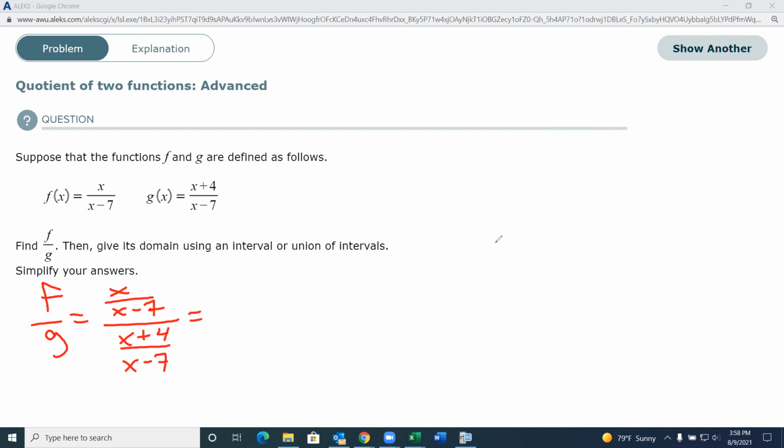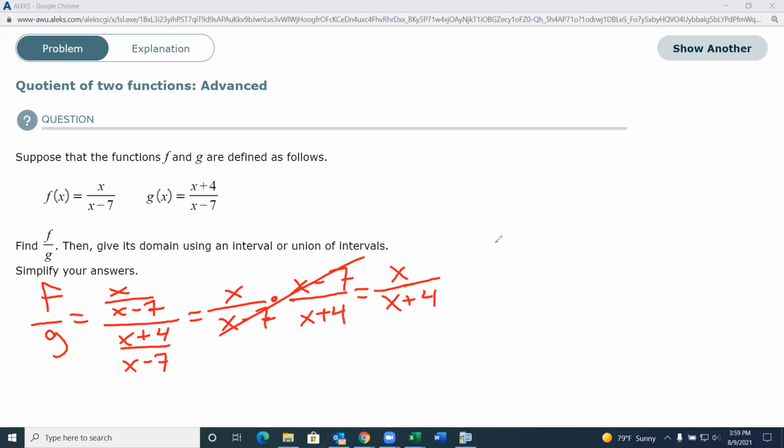And typing this one out isn't going to work so good, so I'm not going to do it. So when I divide by a fraction, I just end up multiplying by the reciprocal of that fraction. And now that it's multiplication in the middle, I can cancel those guys. And that is my f over g function.